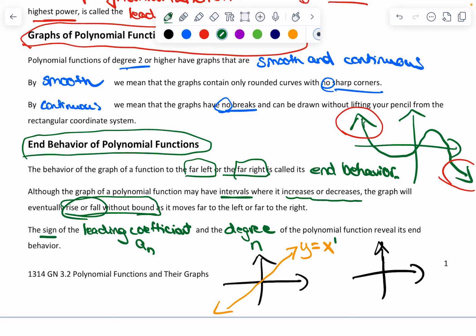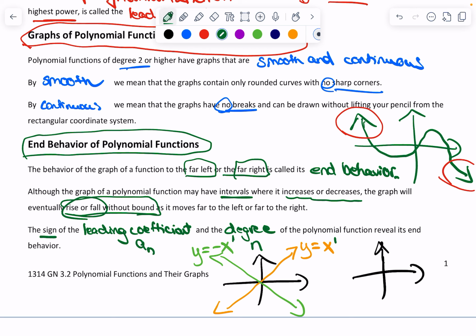Now, when we're talking about the sign, if I draw one like this, we all know that that is a downhill. So negative x to the power of 1. Now we have a negative leading coefficient, and for y equals x to the power of 1, we have a positive coefficient.